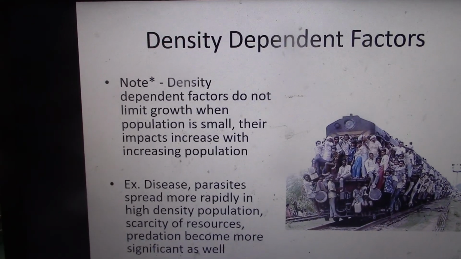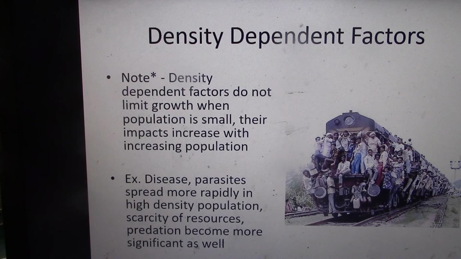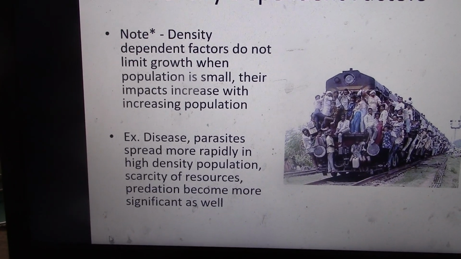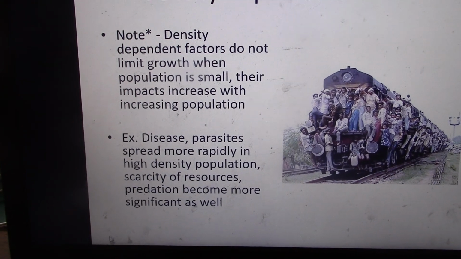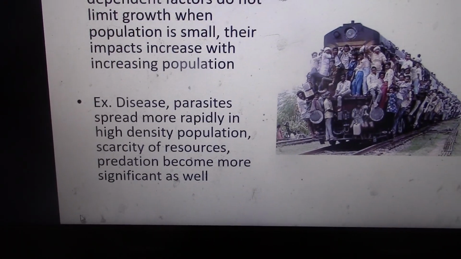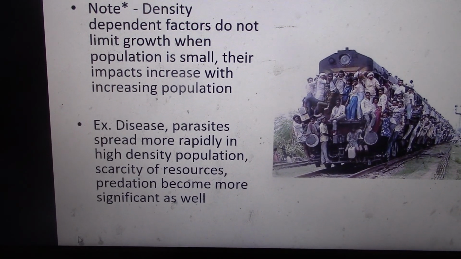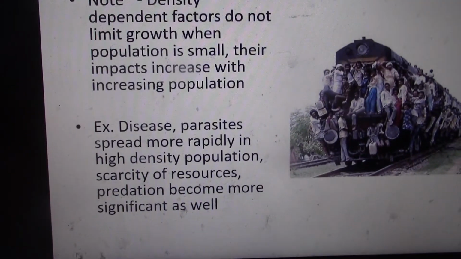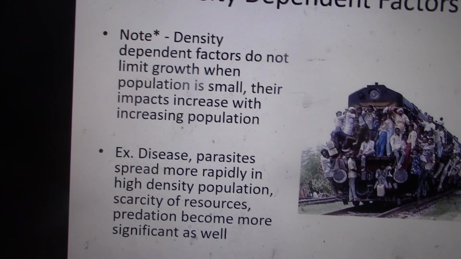Right? So density-dependent factors don't limit growth when the population is small, but their impacts increase with increasing population. So disease, parasitism, predation, competition for resources becomes a bigger deal, and resource scarcity just in general becomes a greater effect, right?